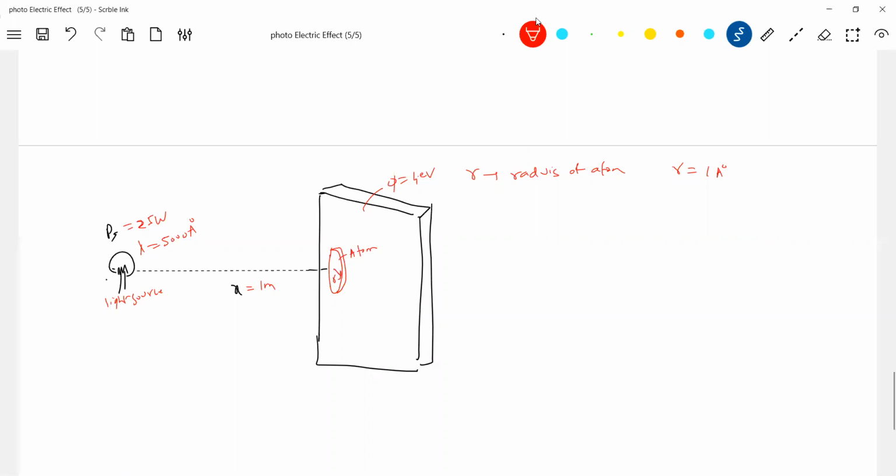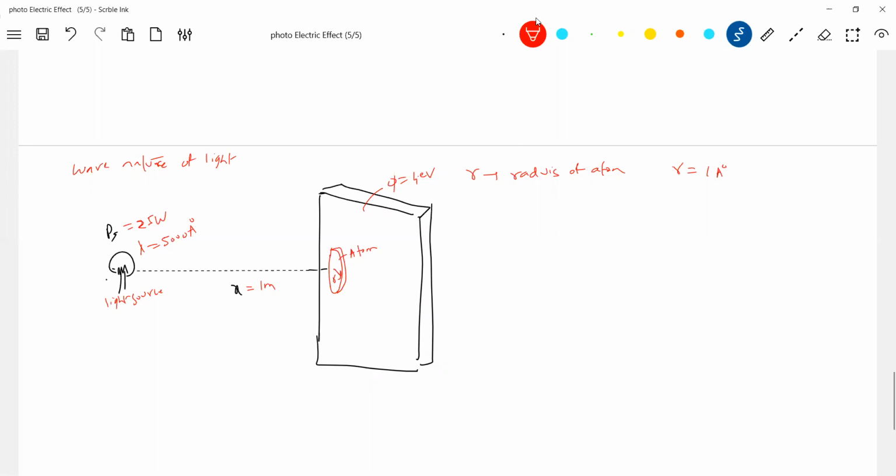I'm discussing the wave nature of light. According to the wave nature of light, the light emitted by the source will continuously fall on the metal. I'm just considering a circular area of radius 1 Angstrom, which I'll call the radius of the atom. The light is incident on it.